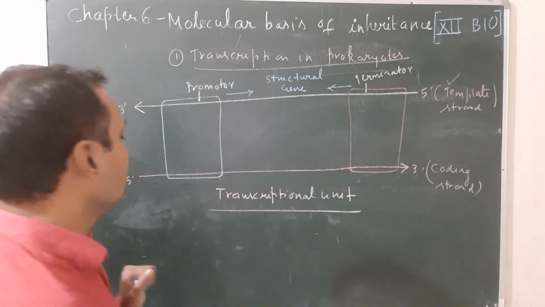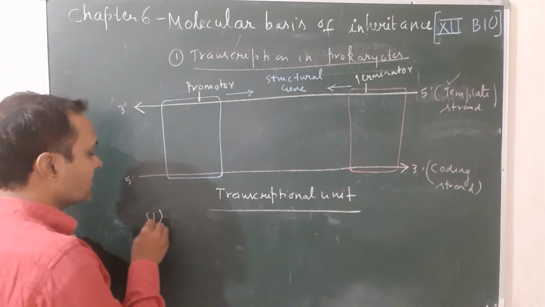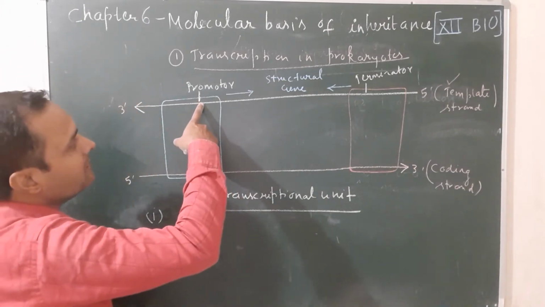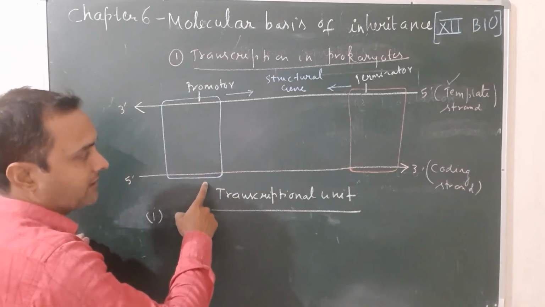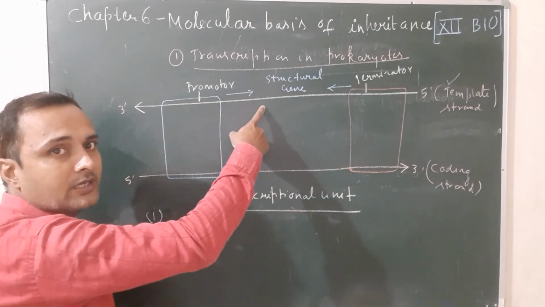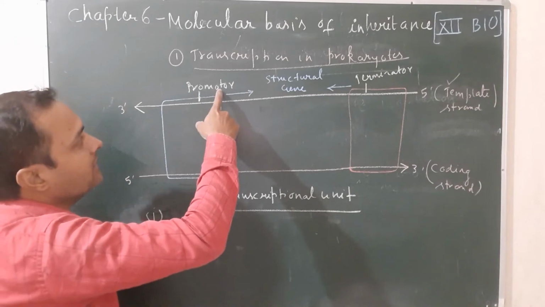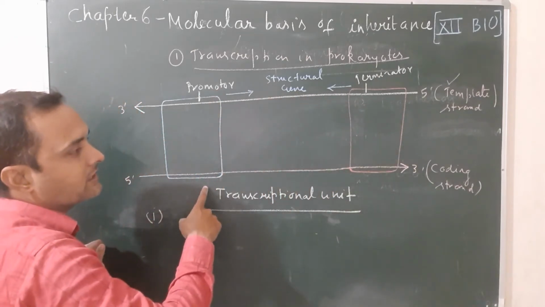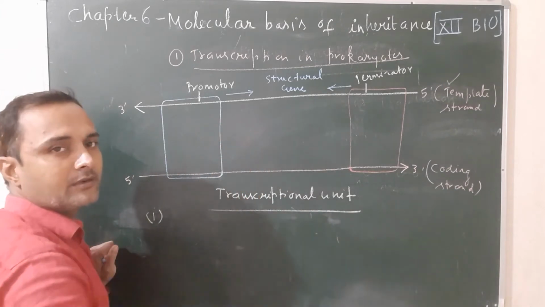Now let's see the definition and function of each. When you define the promoter and terminator, you have to give reference to the coding strand of DNA, not the template strand.